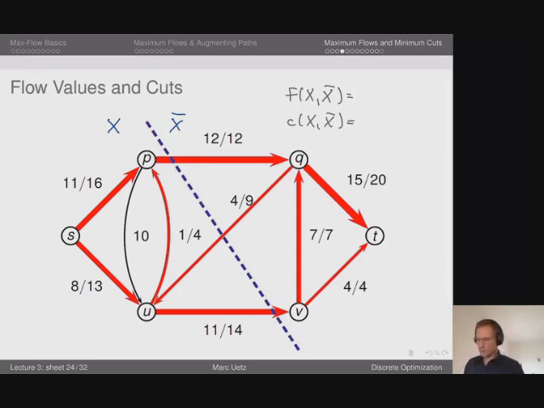Okay, so there is a flow on this edge crossing the cut of 12. There is a flow on this edge crossing the cut of value 11, but there is also a flow going in the backward direction across this cut of value 4. So that makes as a flow value from X to X bar 12 plus 11 minus 4, and that should be 19.